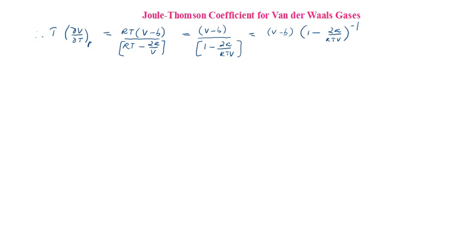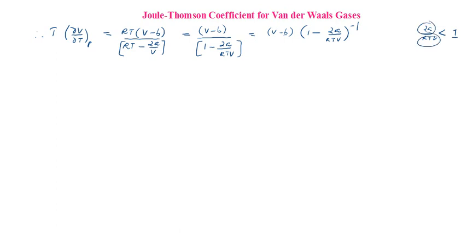Now look at this particular quantity, 2A by RTV. This A is the van der Waals constant, and compared to the other quantities involved, it is very, very small. So this 2A by RTV is going to be less than 1. The 2A is very small compared to RTV.